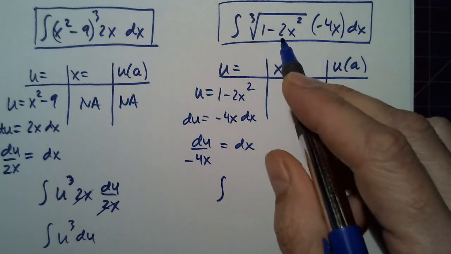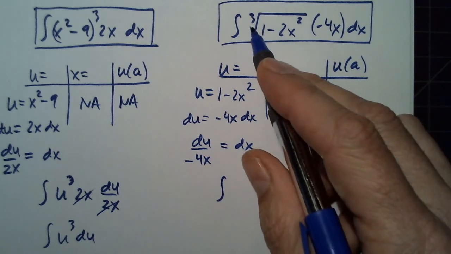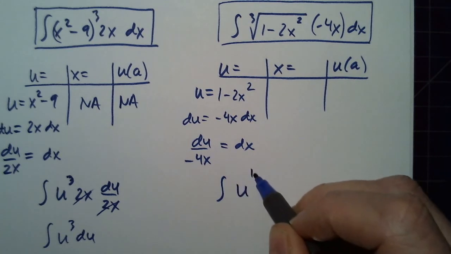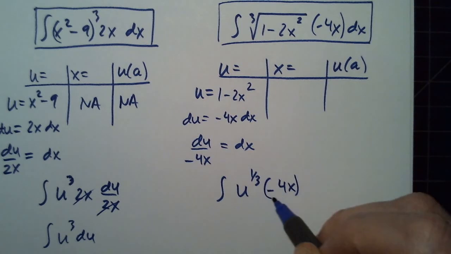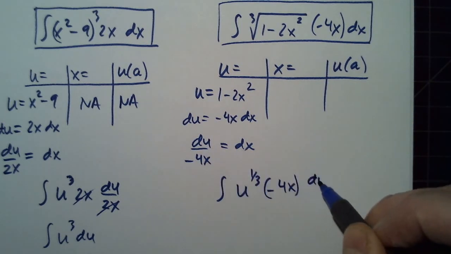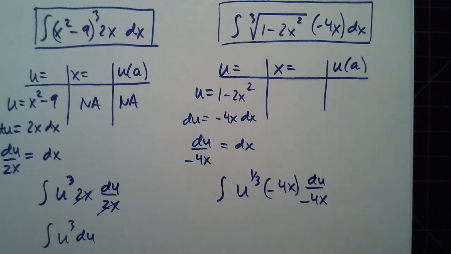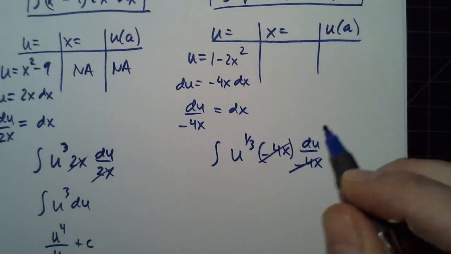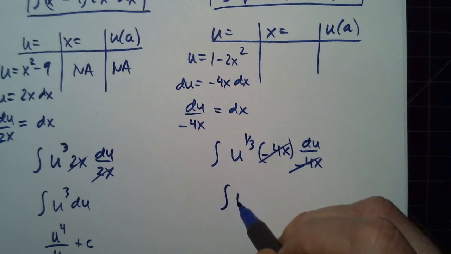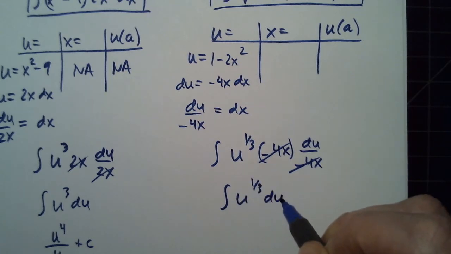Let's write this. This is u to the 1/3 power, and then leave that for now, and dx is du over negative 4x. So these cancel, and we just have the integral of u to the 1/3 du.